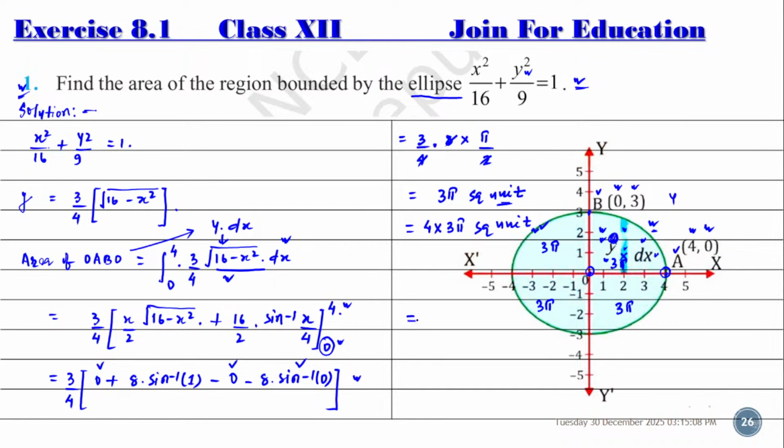So the area of the region bounded by the ellipse equal to 12 pi square unit. There is no problem to understand the solution of this question.